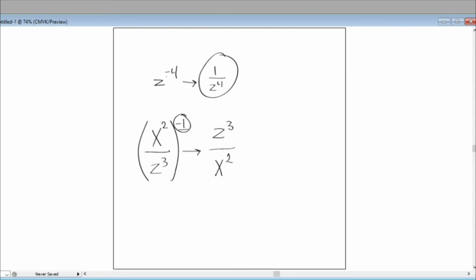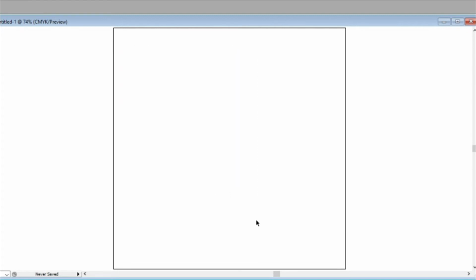Okay. Another example of this. Let's say that I have something kind of similar to the last one: y to the third over x to the second, and I'm going to raise this whole thing to the negative 2. Well, there's two things I really have to do here.